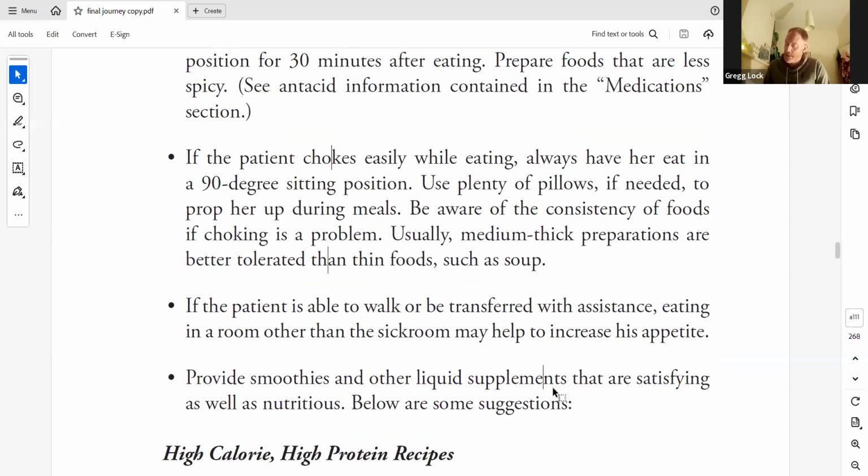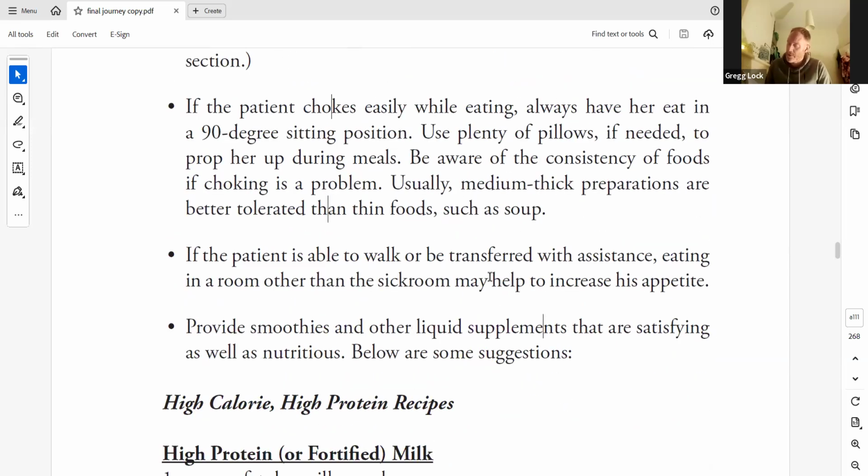If the patient is able to walk or be transferred with assistance, eating in a room other than the sick room may help increase his appetite. Provide smoothies and other liquid supplements that are satisfying as well as nutritious.